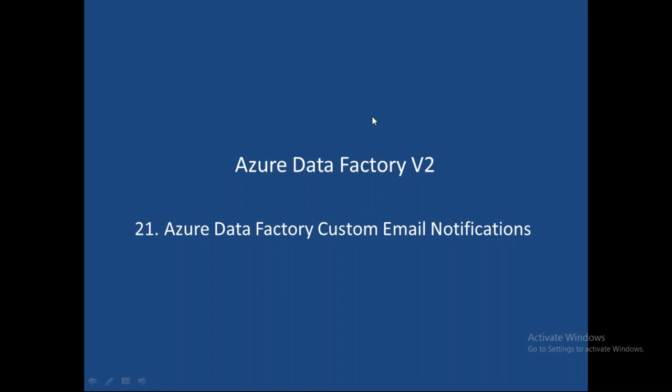Even if it succeeds, I want to send a notification. How can you send a notification when the pipeline succeeded or failed, with the data factory name, pipeline name, from which date, in which data factory this particular pipeline is there, whether this pipeline failed or succeeded, and what the error message is if it failed. So all this information we are going to get, friends.